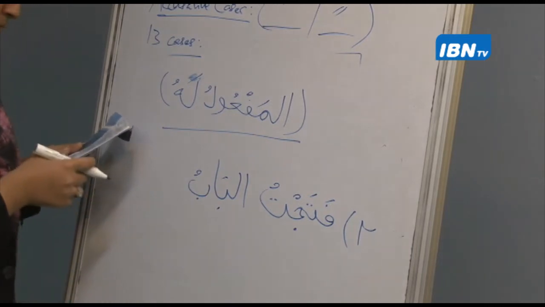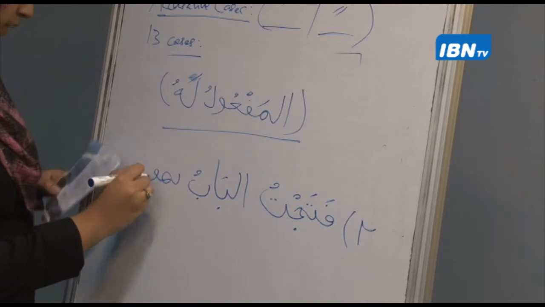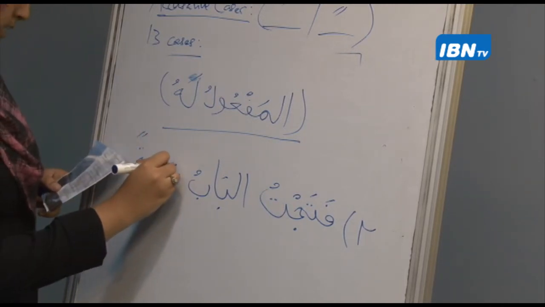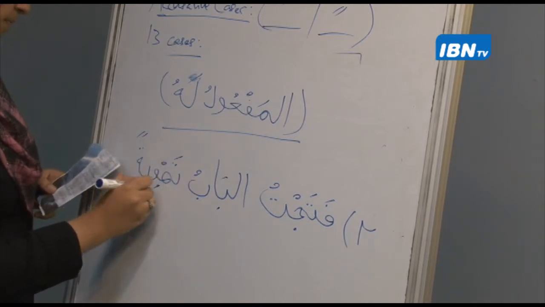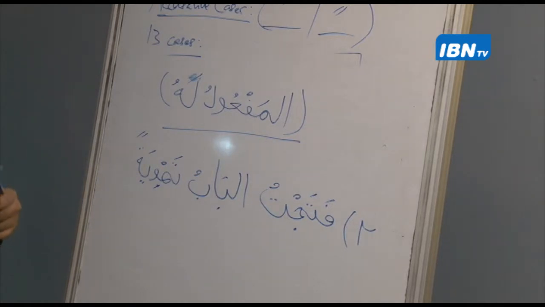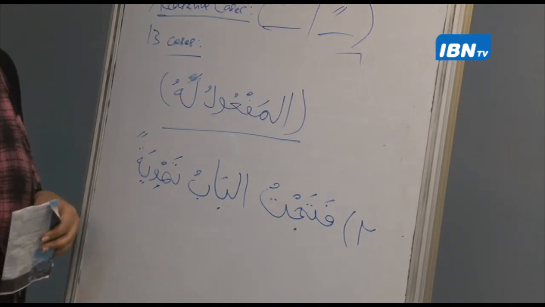Fatahtu al-babu tahwiya. And also these new vocabularies that you're getting, try jotting them down somewhere, so it just improves your Arabic. Okay? So, fatahtu al-babu tahwiya. Meaning what? Meaning I opened the door for ventilation.